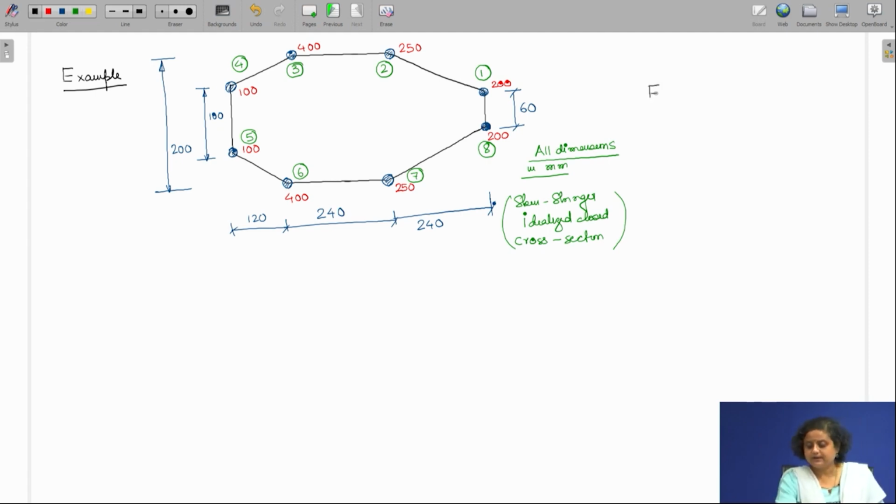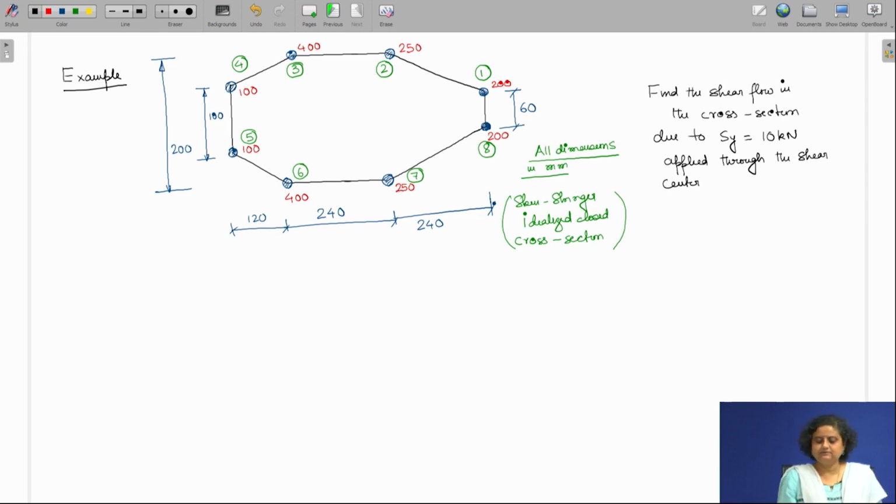The problem statement says: find the shear flow in the cross section due to Sy equal to 10 kilonewton applied through the shear center along the y direction.